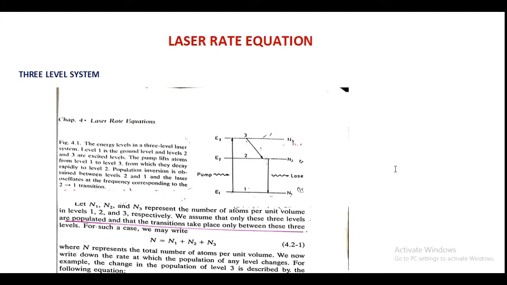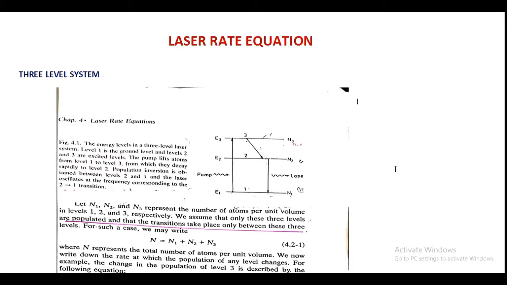They also give the steady-state population difference between the actual levels involved in the laser transitions, and help us to study whether an inversion of population is achievable in a transition, and if so, what would be the minimum pumping rate required to maintain a steady population inversion for continuous wave operation of the laser.